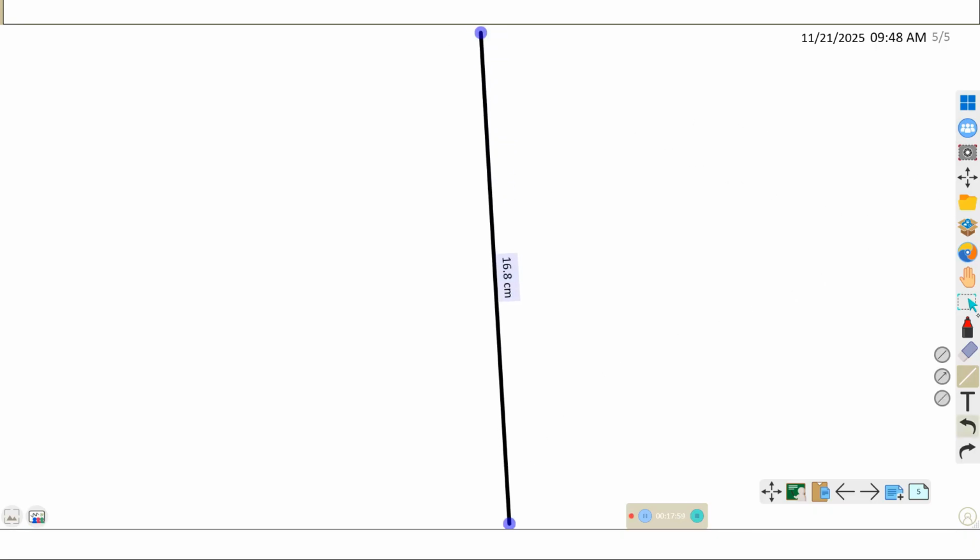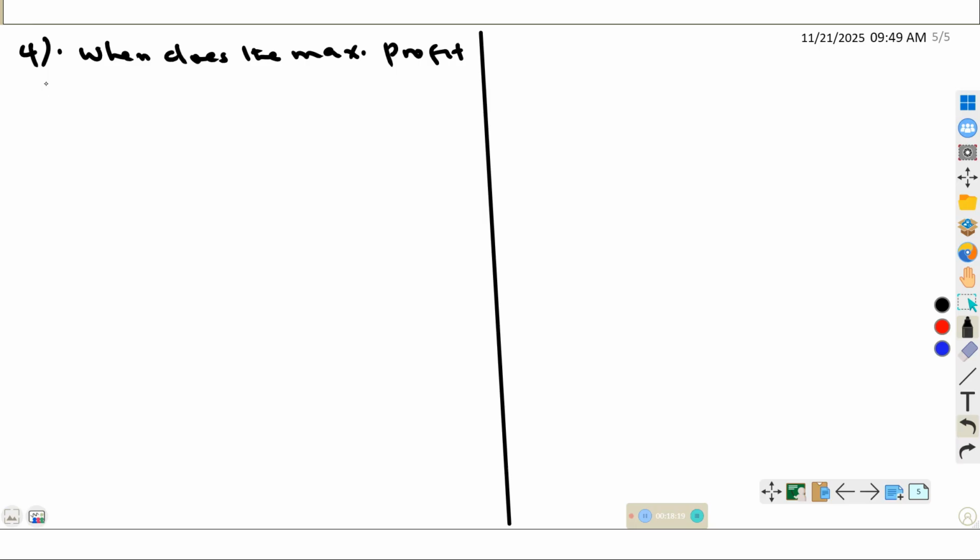Part 4, the question is saying, when does the maximum profit occur? In other words, we are looking for the month for which the maximum profit will be realized.